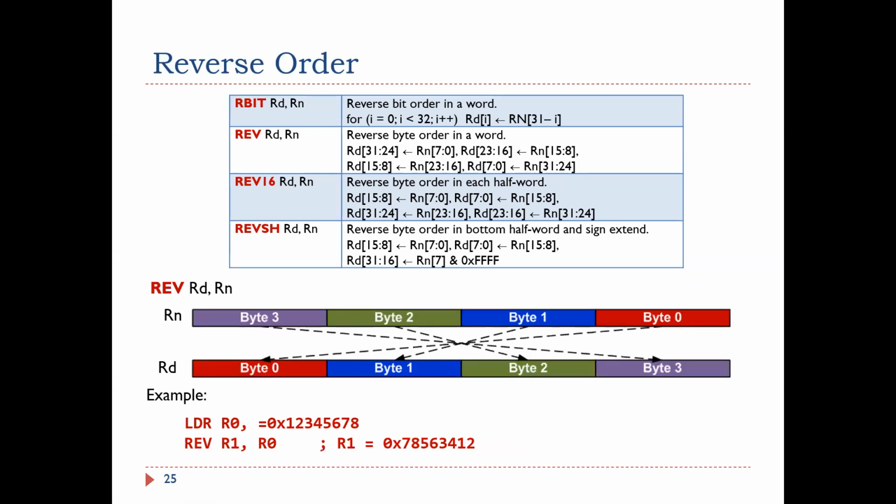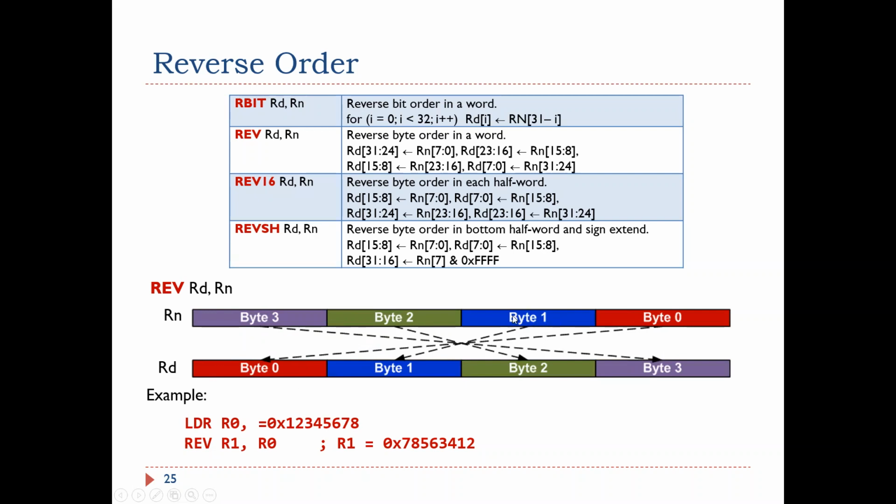So the next one will be a bit easier to explain with an example. The next one will be REV, reverse byte order in a word. If you think about a word which is byte 0, byte 1, byte 2, and byte 3, rather than doing the bitwise reversal, we are going to do a bytewise reversal, meaning that byte 0 of the source will become byte 3 of the destination.